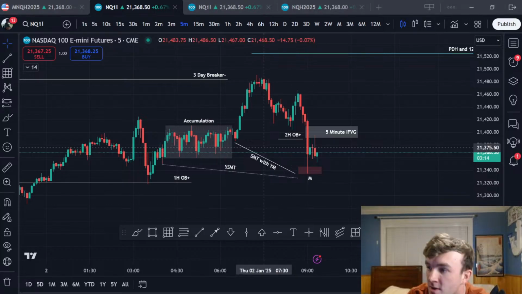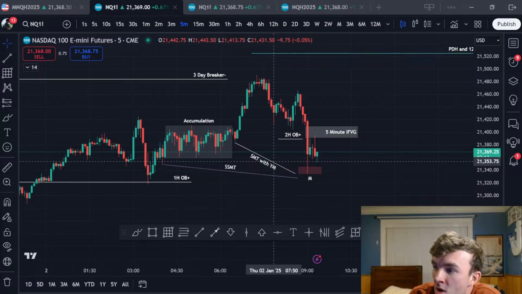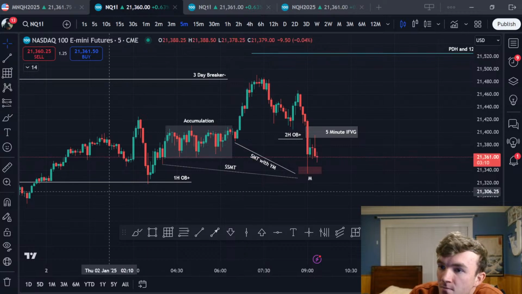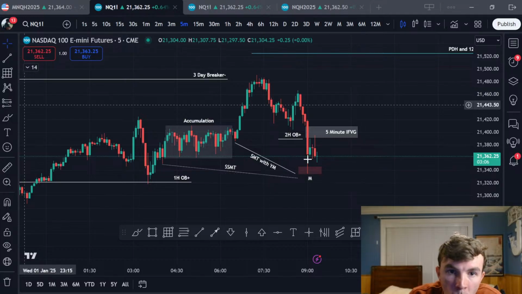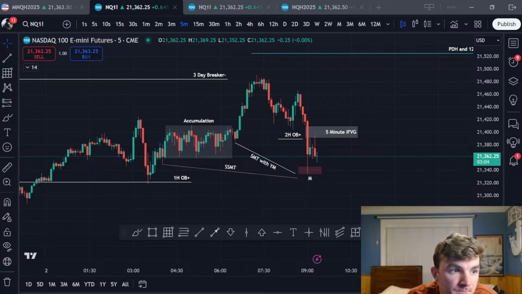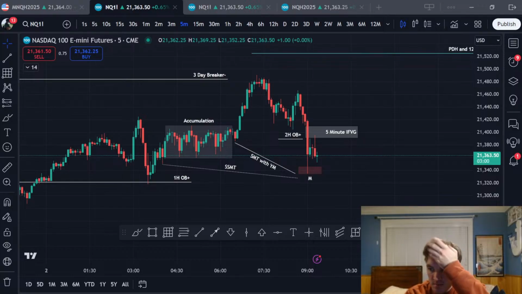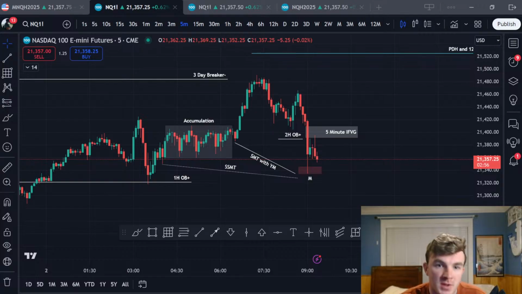Back to my other chart here. So it's possible that we go take out London's lows now. We'll see.